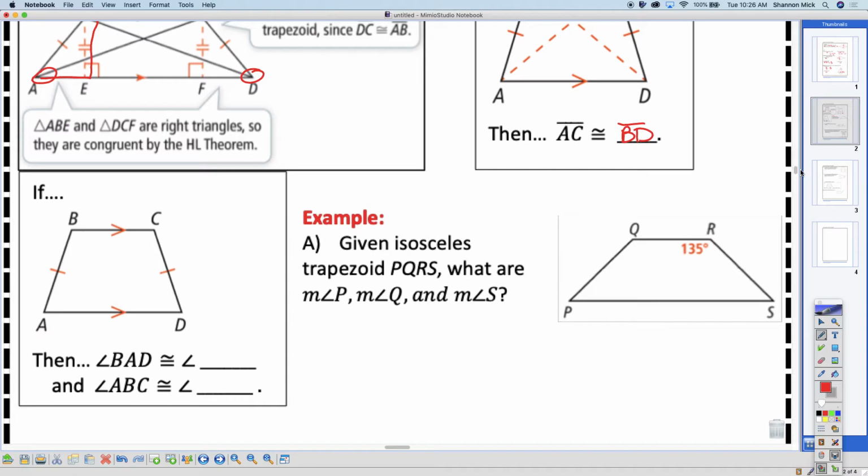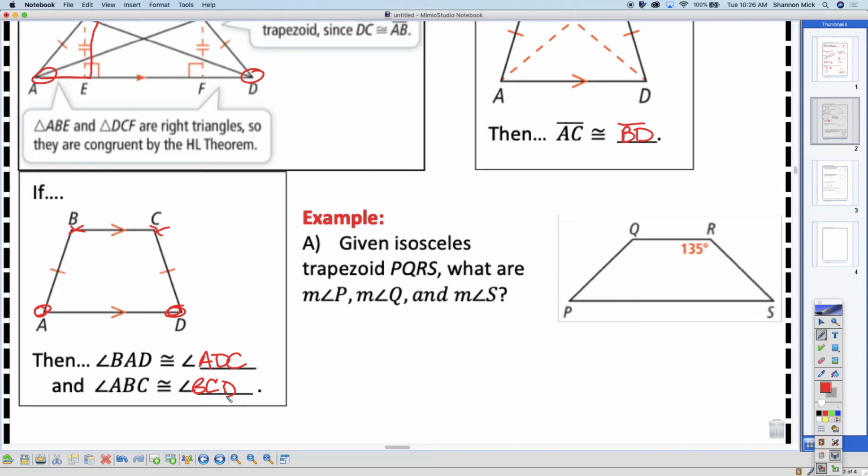Or wait, actually we have to start with ABC. The base angles. But that also means that ABC is BCD, because there are actually two sets of base angles, aren't there? There's the bottom base and the top base.